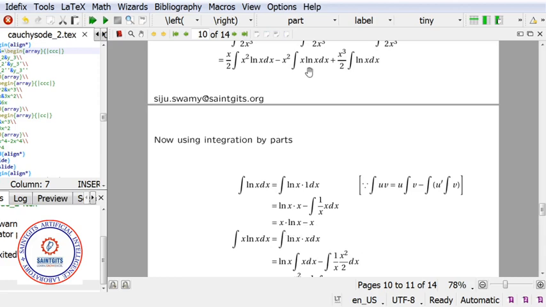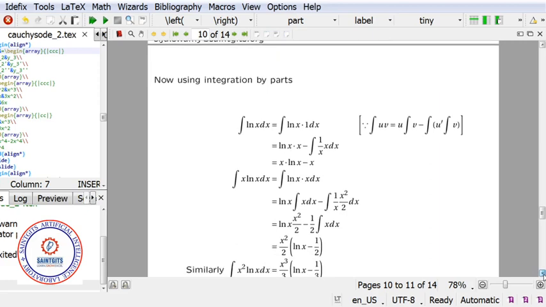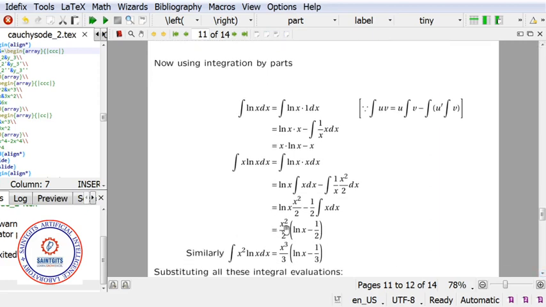Now we are going to find the second integral, that is integral x ln of x dx. Here I take ln of x into x dx, integral ln of x into x dx. I use the same integration by parts. I got the equation x square by 2 into ln of x minus 1 by 2 corresponding to this integral.